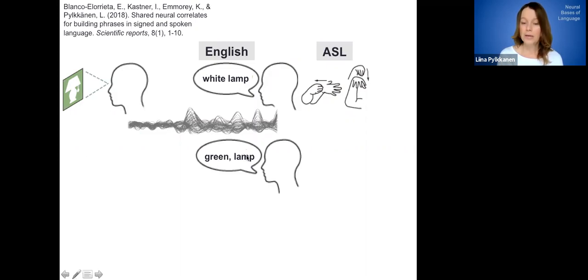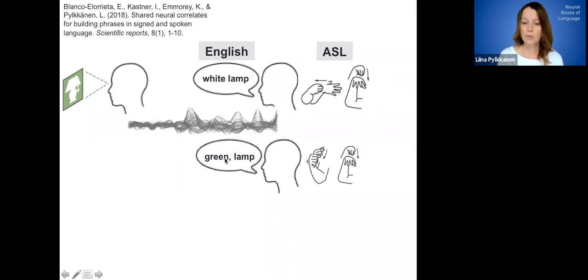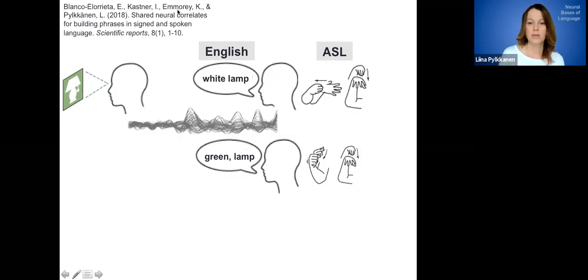And the way we created that, so of course also in ASL, was to have the subjects name the background color and the object shape during so-called list blocks. So here in the combinatory task, the phrase task, you're just very naturally naming white lamp, red cup, and so forth.